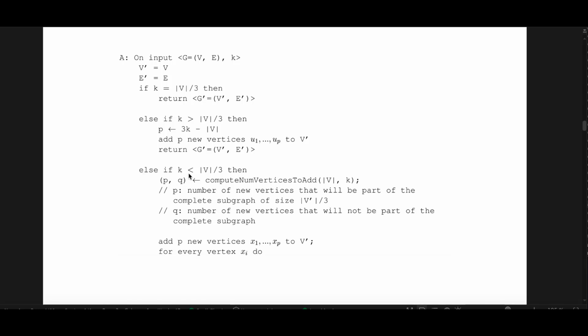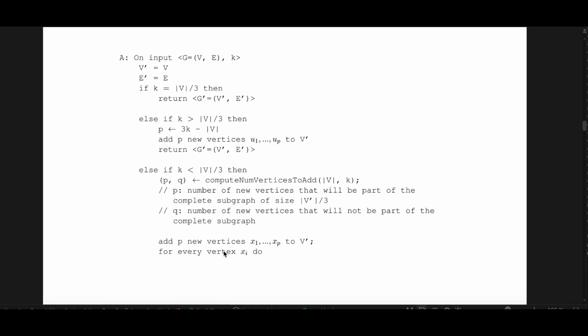Else, if K is smaller than the number of V over 3, then P, Q is given by computing the number of vertices to add, the number of V and K. P is the number of new vertices that will be part of the complete subgraph of size the number of V+ over 3, and Q is the number of new vertices that will not be part of the complete subgraph.